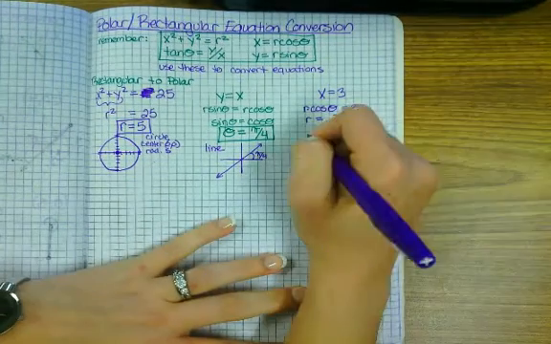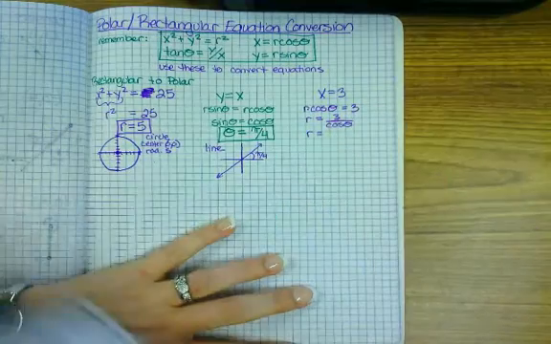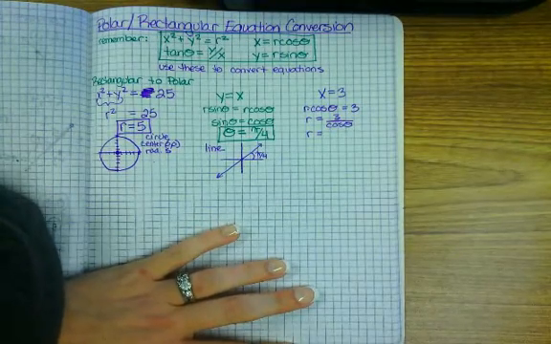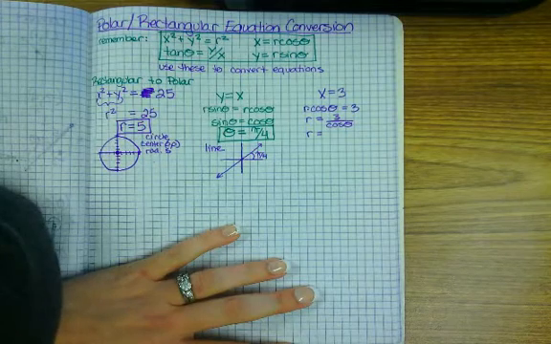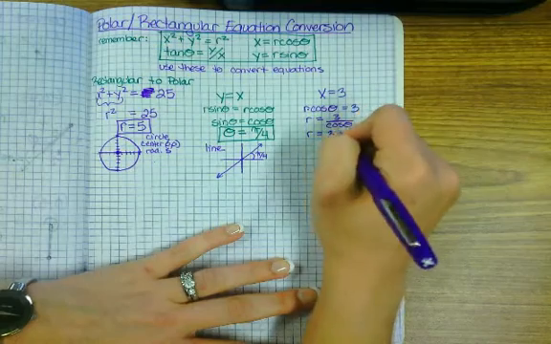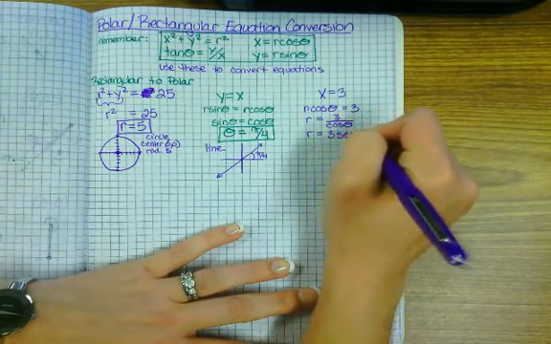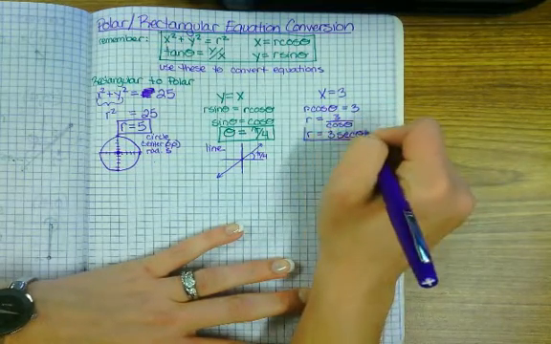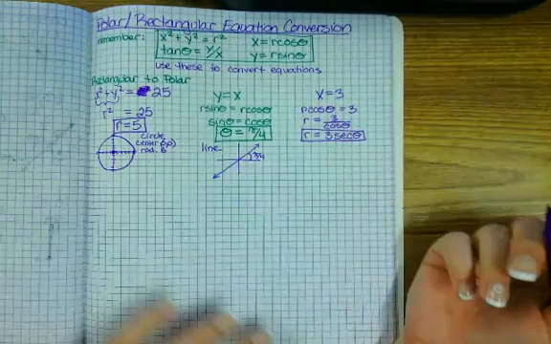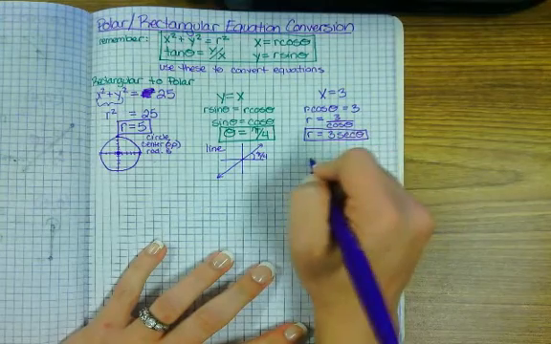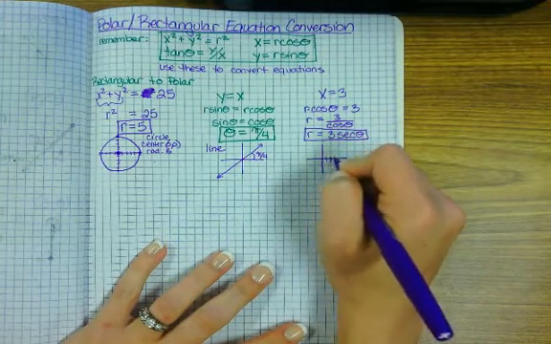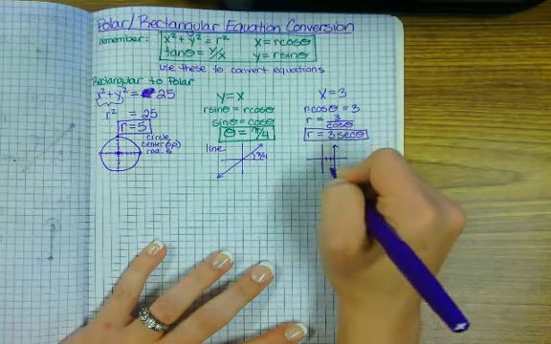And you can write it like that, but most often you're going to see that, what's the reciprocal of cosine? 1 over cosine is the same thing as secant. So that's the same thing as 3 secant theta. R equals 3 secant theta would be a vertical line through 3. So if you were to graph it, it's just 1, 2, 3. That line right there.